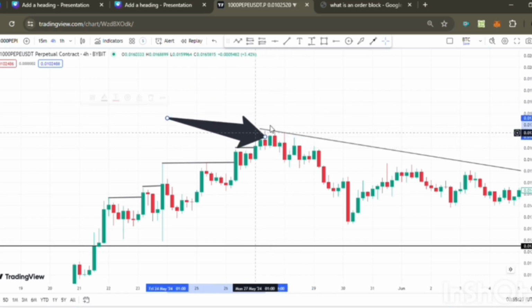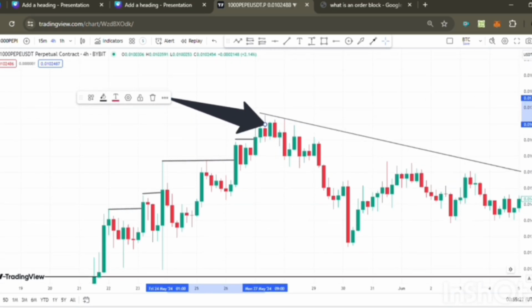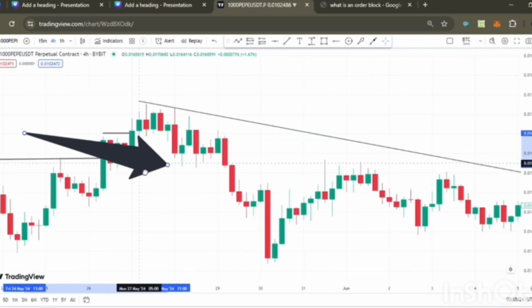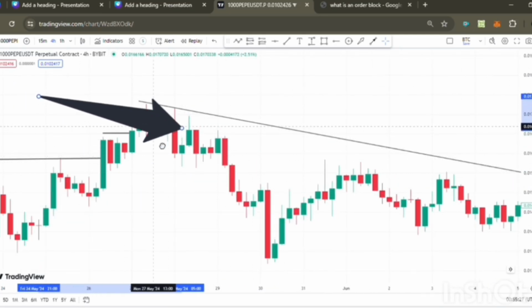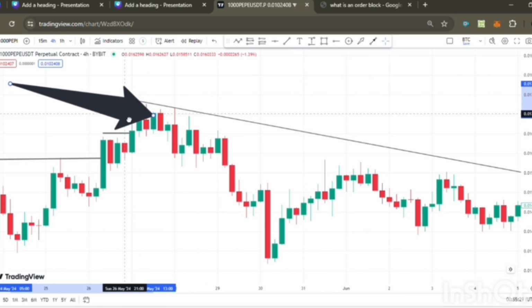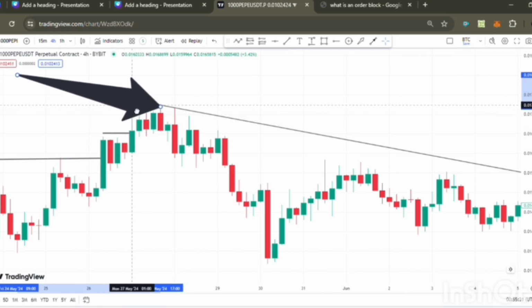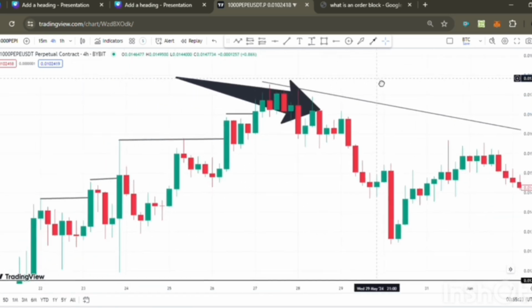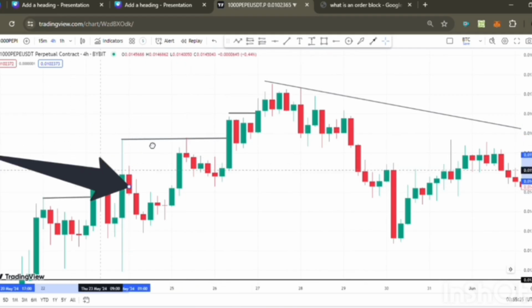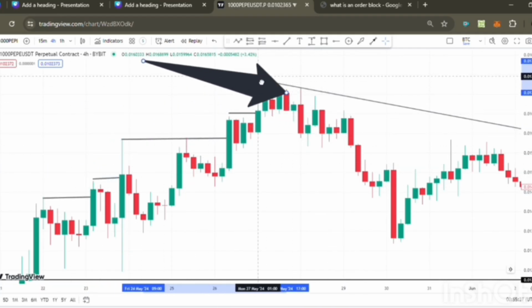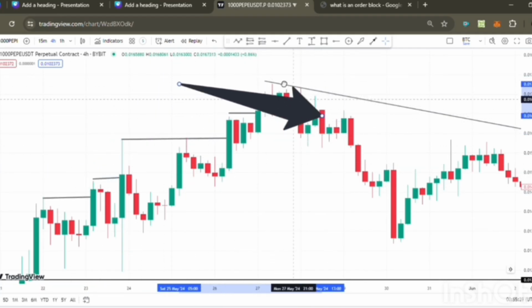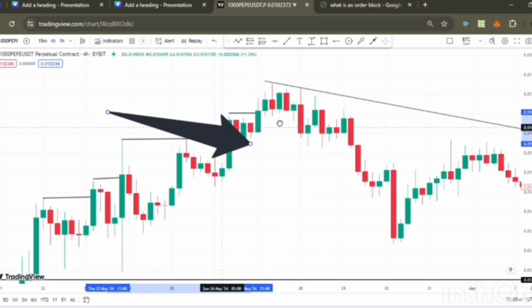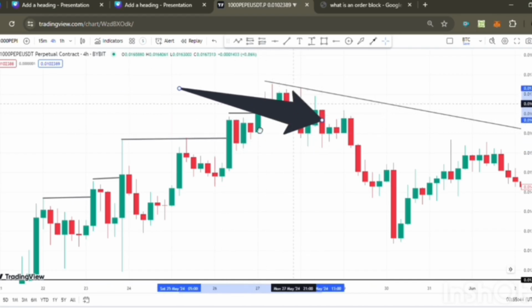Now if you look at this point here, you will see that as the market is making this change of its market trend from the upside to the downside, this is where we have the change of character. How?